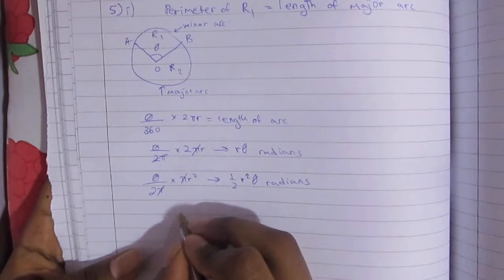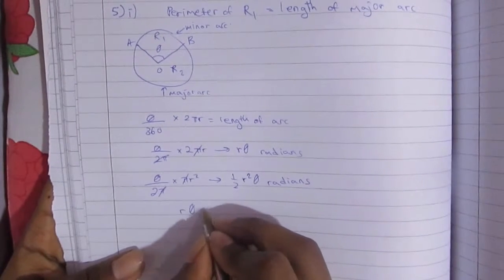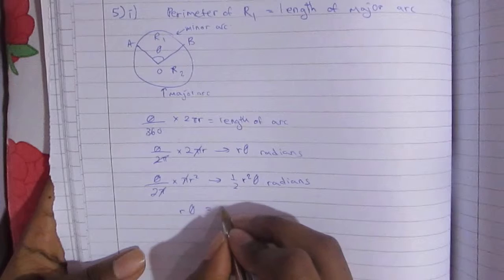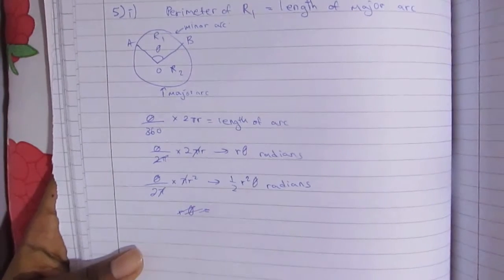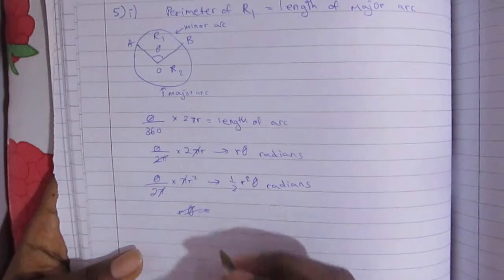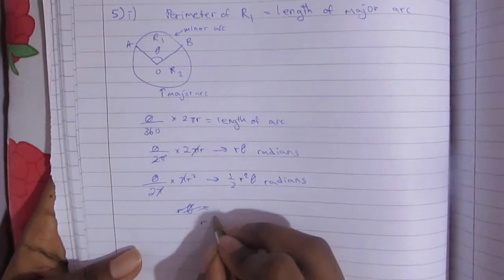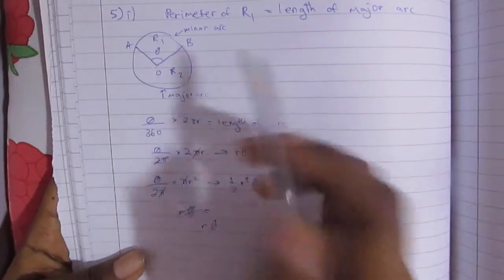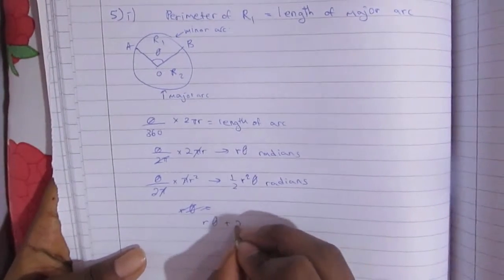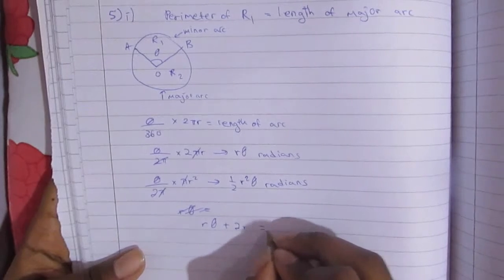Okay, so now we're trying to find the perimeter of R1. Literally, the arc is r theta since we're not given any values. And then you're going to add the arc and the two radii. So it's just r theta plus 2r.